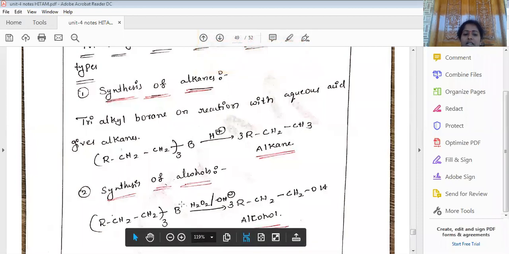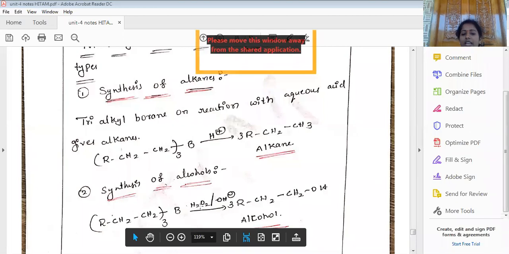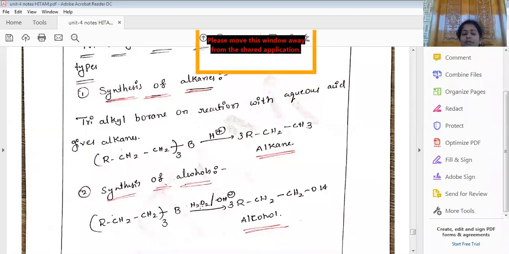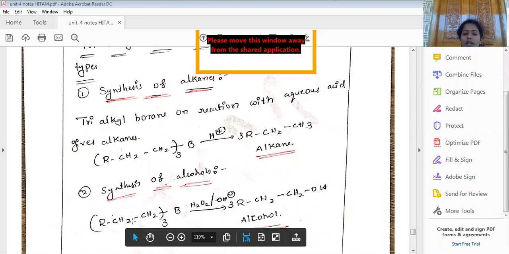Otherwise, when this trialkyl borane is treated with hydrogen peroxide, HOOH, one side OH is added, so that it is converted into an alcohol or hydroxy compound. In this way, hydroboration finally yields either alkane or alcoholic compound based on our requirement.